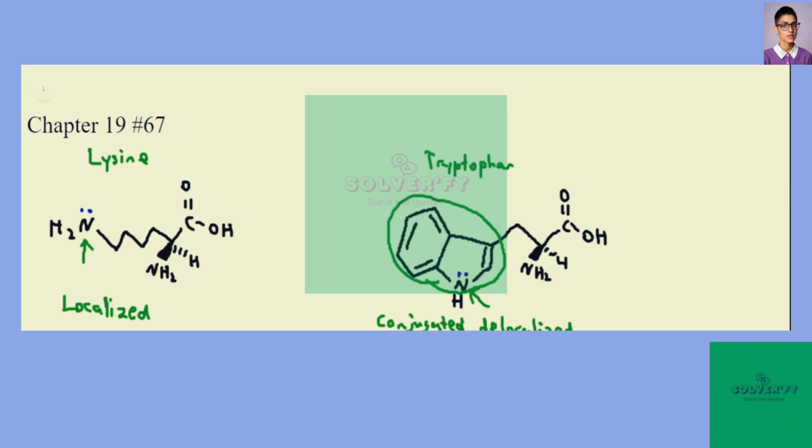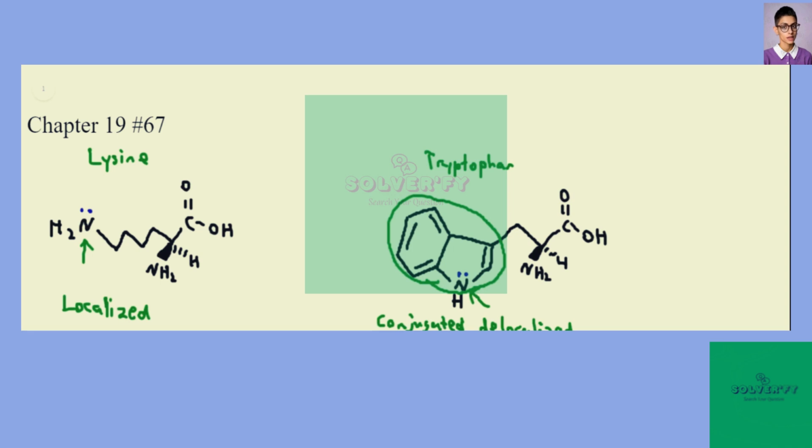It's really spread out amongst all of the carbons in this conjugated, now 10 electron system that we have going on here. And since it's delocalized, it's much, much less strongly basic because it's not sitting there waiting to snatch a proton. It's delocalized. It's spread amongst this system. And so that makes it much less basic.